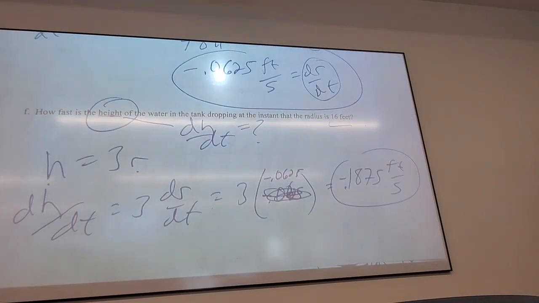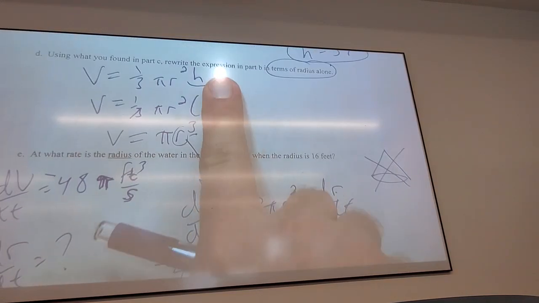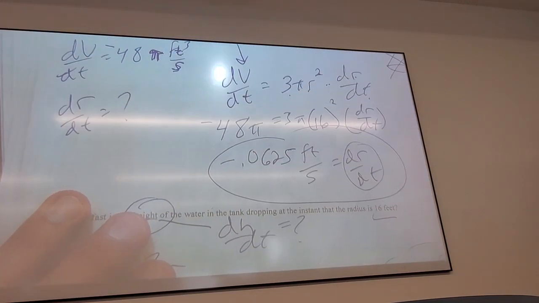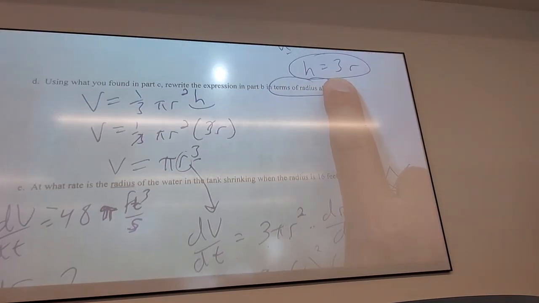So you don't have to redo the whole problem and solve for h instead of r. You already have a relationship between h and r.